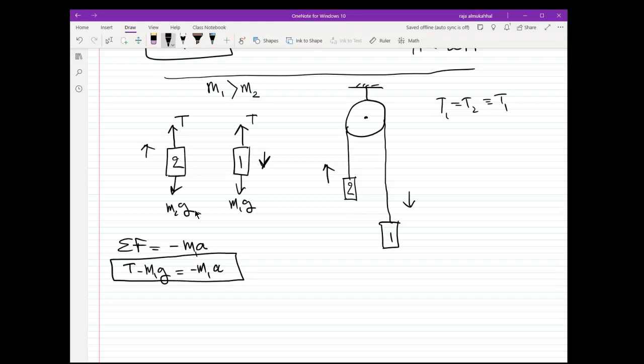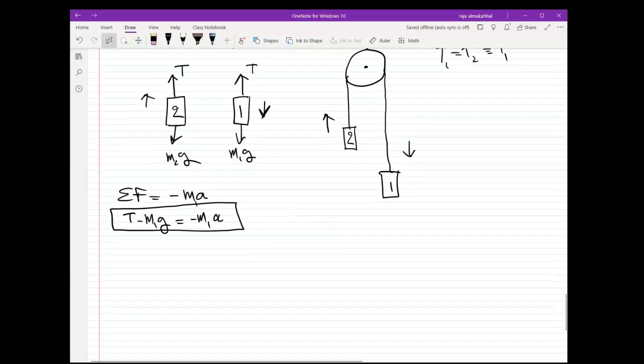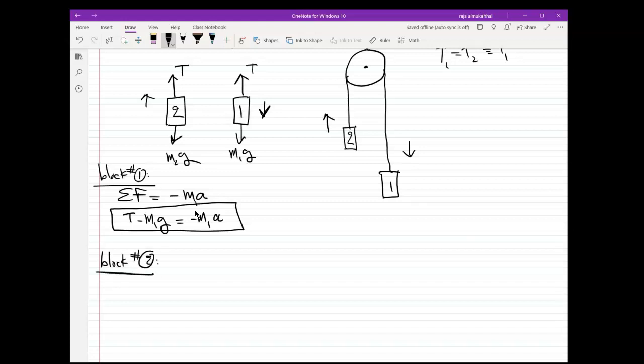Let me do block 2. This is block 1. Block number 2, I have T, the sum of the forces equals plus m2a, plus because it's moving up, remember?